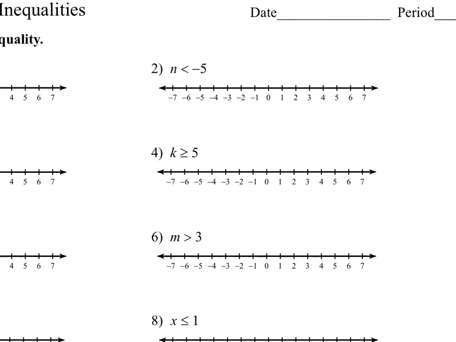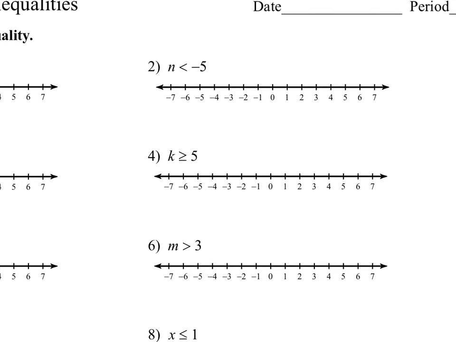All right, so on the first one here, you've got n, and then you've got -5. So you know you're going to have a dot at -5. It is going to stay open. Okay, and then since -5 is the biggest thing, your arrow is going to go to the left. All right, number 4, you have a dot at 5, and it is going to be closed because it's saying k is greater than or equal to.